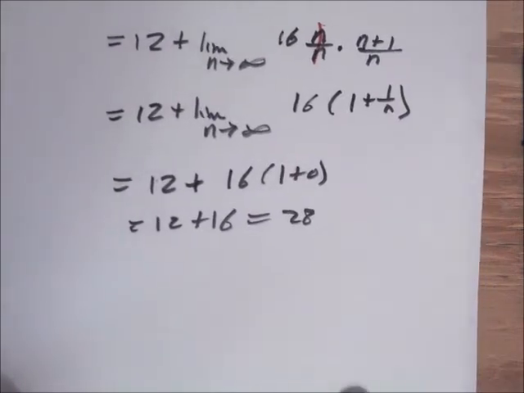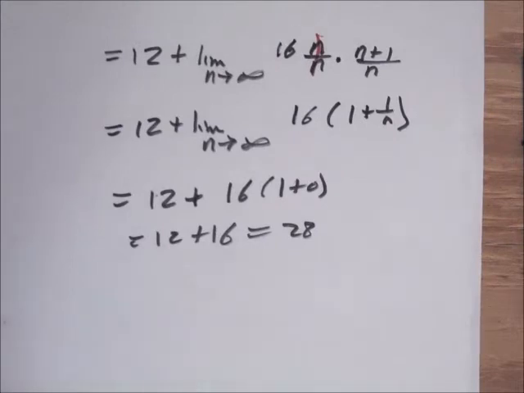Okay, so in the earlier part of the course, when we were taking derivatives, we were using limits to get the instantaneous rate of change, or the slope of the tangent line.